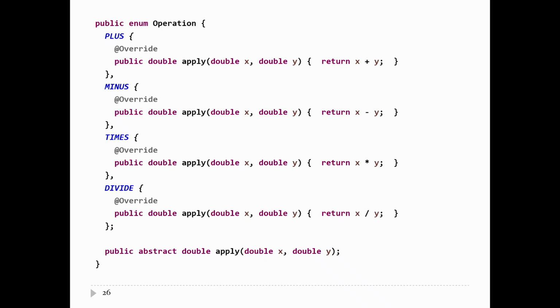Now you can have something like Operation op equals something. For example, if you're writing a calculator program, you might get that something from your graphical user interface. Someone presses the plus button and it fires back some sort of operation object. Now how do you apply the operation? You just write op.apply(x, y).